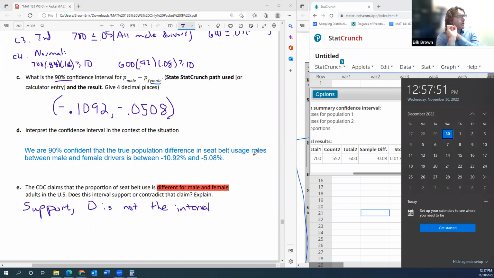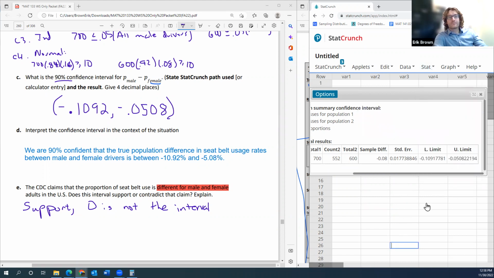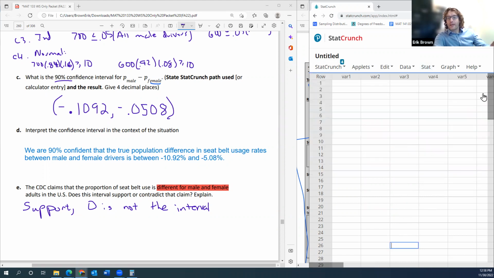The formulas are a little different: in StatCrunch you go to T-stats and it's either paired or two sample. That's it. So really, you know everything. It's just a little bit of other language in there. And like we said Monday, the key is, are you working with a mean or a proportion? Finding those differences. So I think we're there, y'all.